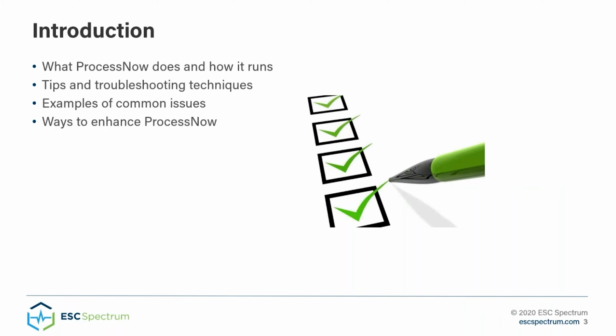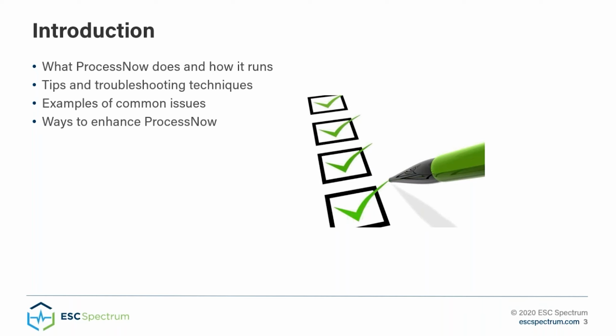So what we're going to be discussing in this webinar, we're going to be talking about what ProcessNow does, how it runs. We're going to look at some tips and troubleshooting techniques for when you have issues, maybe ProcessNow is failing or it's erroring out. We're going to look at some common issues, some things I'm pulling from my experience working in the support department.